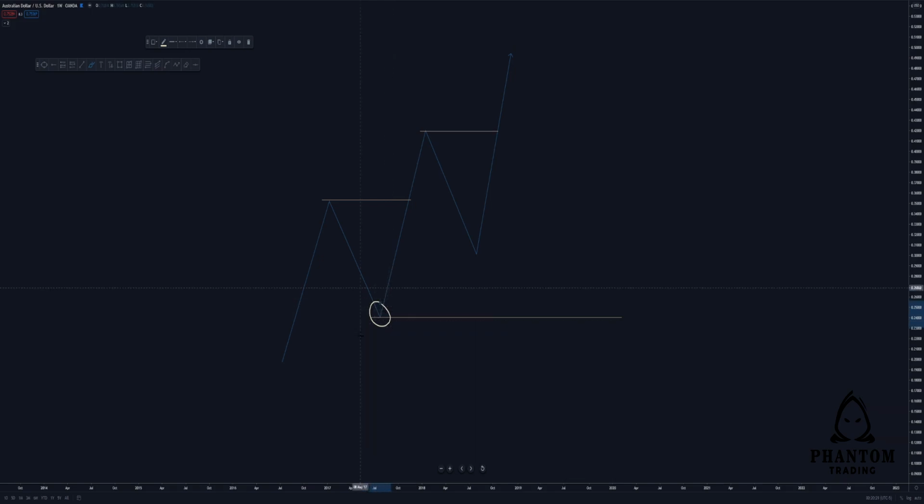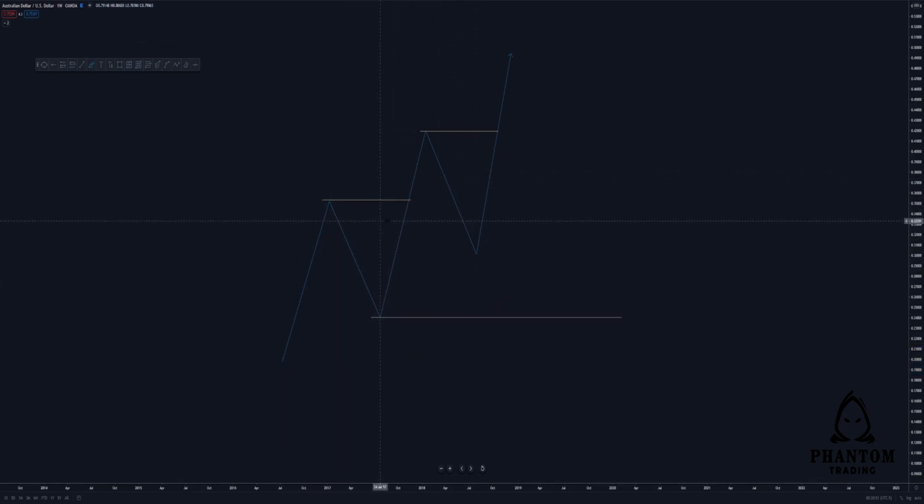right? This higher low is not confirmed until the structure is broken to the upside, right? If price remains below this level, then your higher low is still the one from here, right? So this is the concept.